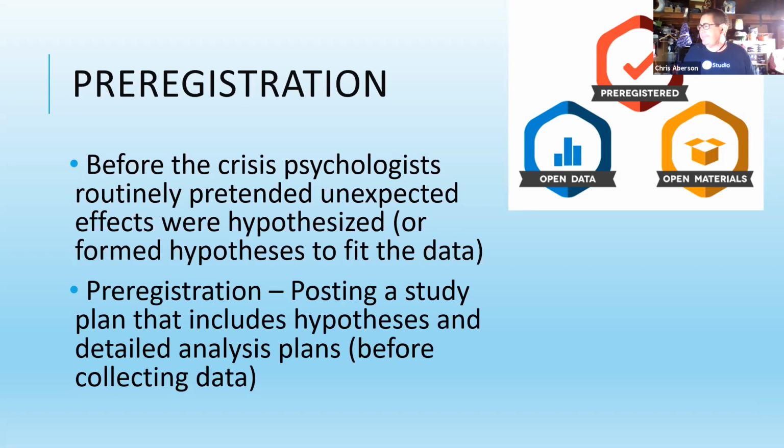That wasn't considered wrong. You were putting the data in its best light. Well, we know that that's now very problematic. To offset this, we've now got the opportunity to pre-register our work. That involves posting a study plan that includes hypotheses and detailed analysis plans before collecting data. Really a great advance. And I'll show you the ins and outs of a pre-registration in a little bit.